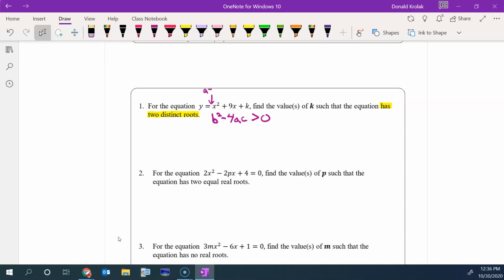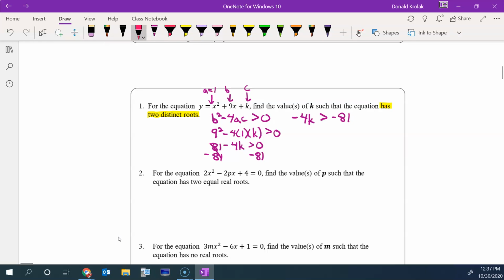So there's my a, b, k is c. So I'm going to get 9 squared minus 4 times 1 times k is greater than 0. 81 minus 4k, negative 4k greater than negative 81.